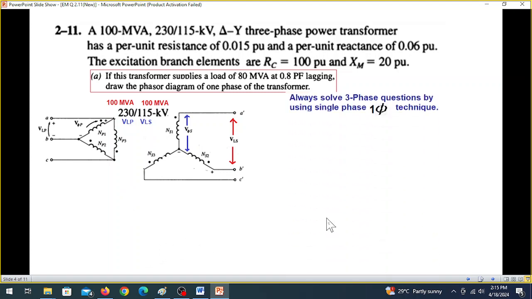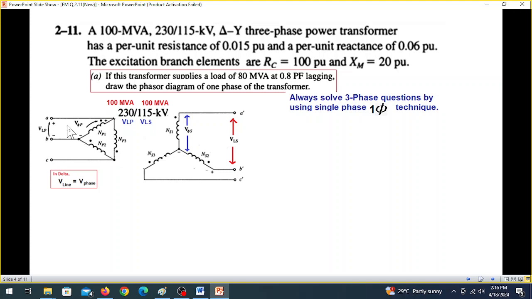The first thing you have to keep in mind is that whenever you are solving a three-phase question, it is better to solve it by using the single phase or one phase technique. And for single phase, we need only the phase voltages. So let's see what the phase voltage is on the primary side, the delta side.